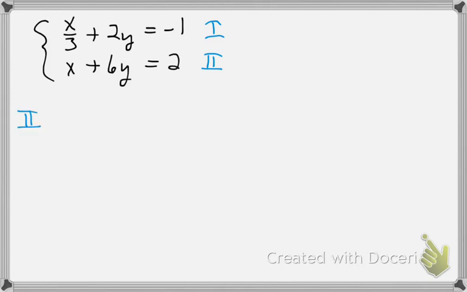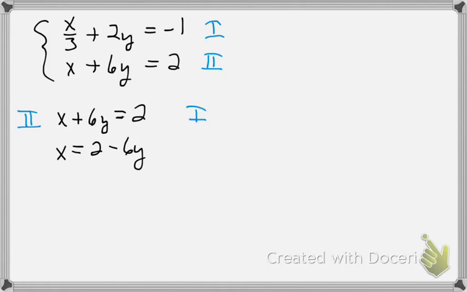So we'll pick the second one. x plus 6y equals 2. And I can solve it for x by subtracting 6y over. So x equals 2 minus 6y. You guys agree?